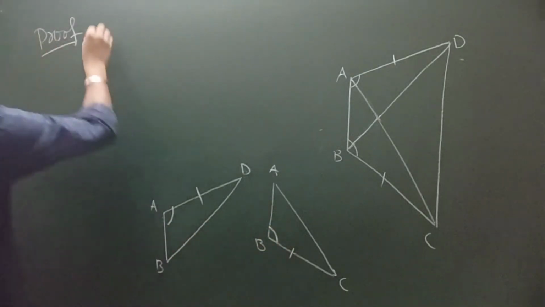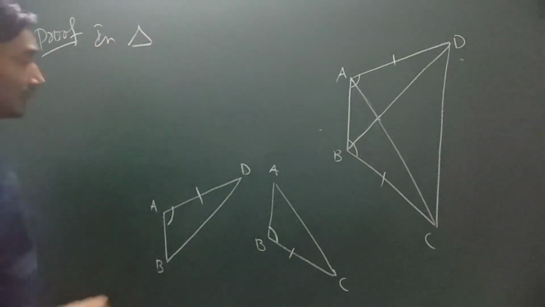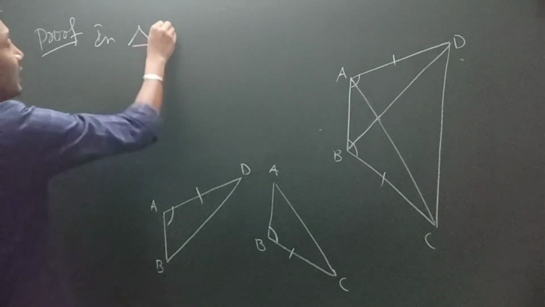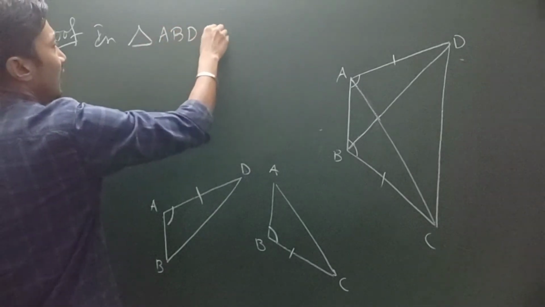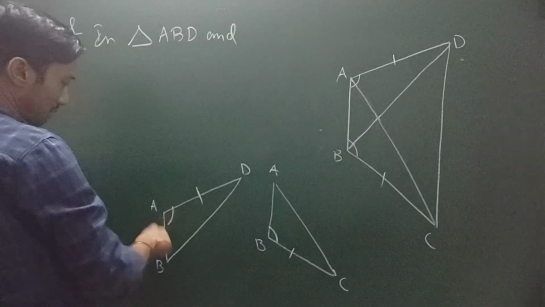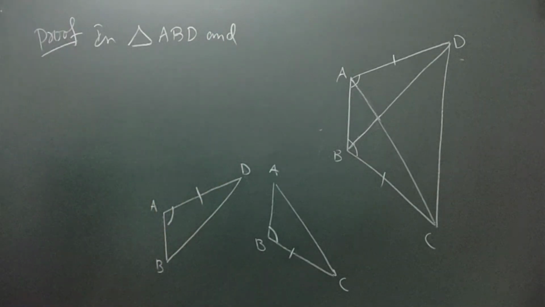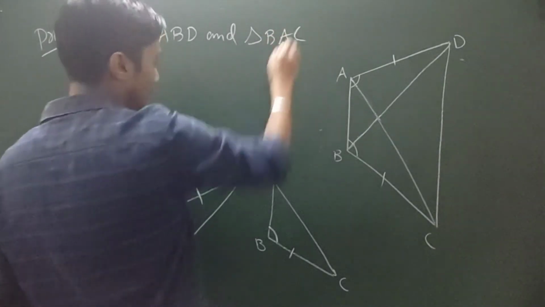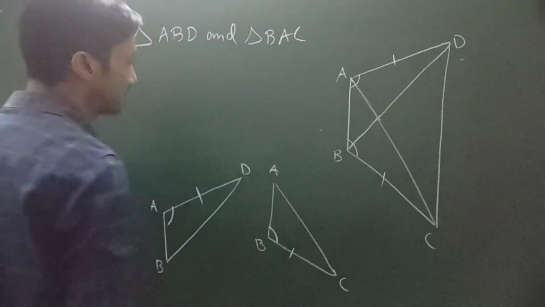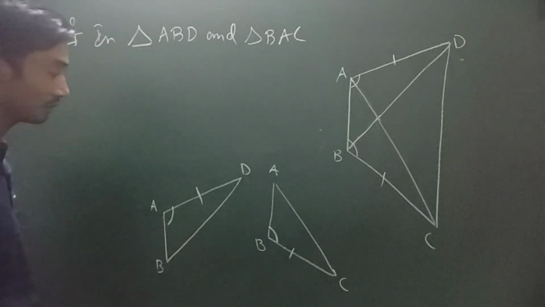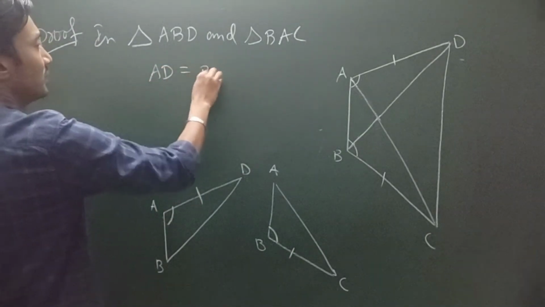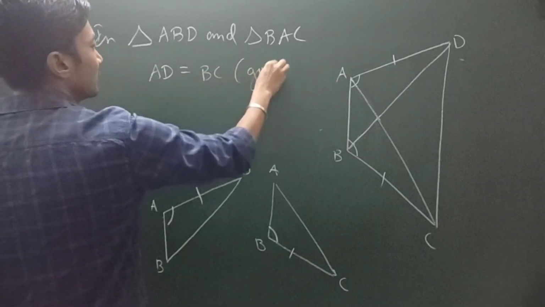Okay? So in triangle ABD and triangle BAC, let's try to prove that they are congruent. That's what we have to prove. First one already given. One side AD is equal to BC, already given.